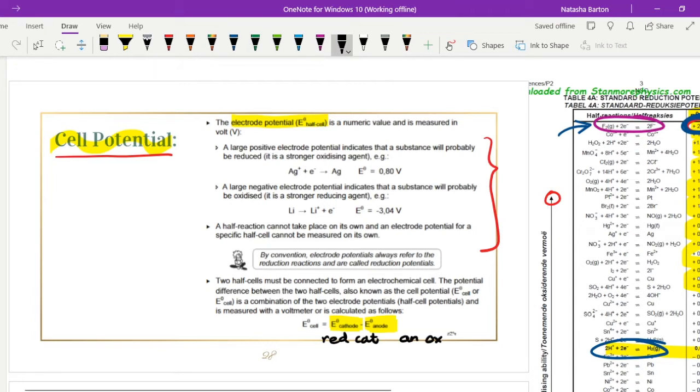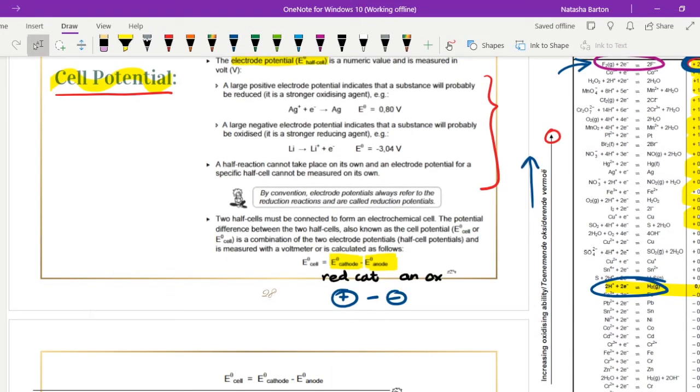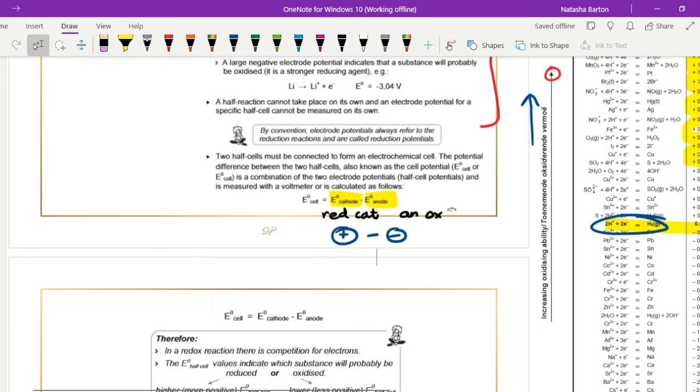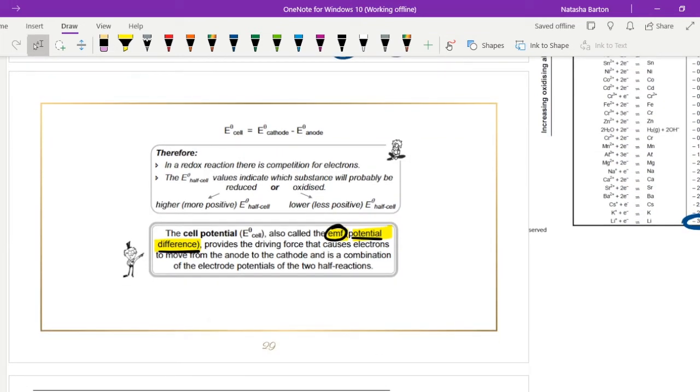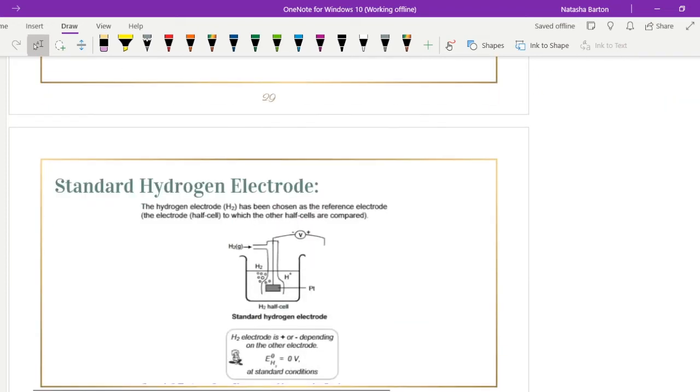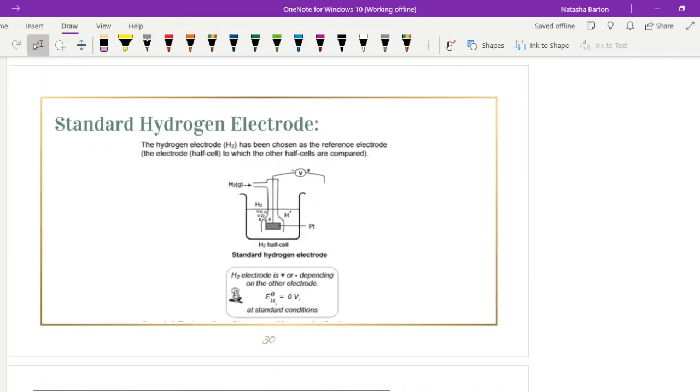A lot of the time you're going to be taking your value at the top and subtracting a negative value. Make sure that you don't mess up and just say minus a positive value if at your anode you have a negative electrode potential. A lot of learners skip this double negative and then get the wrong values. We will go through calculations in the video to follow.